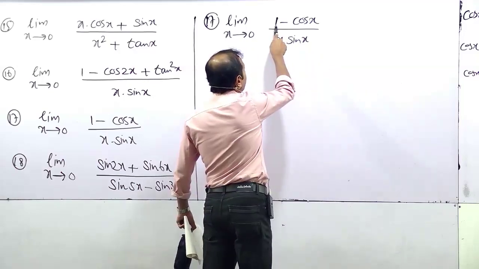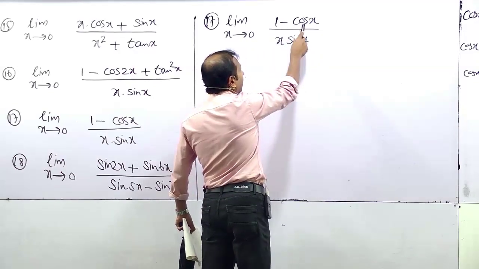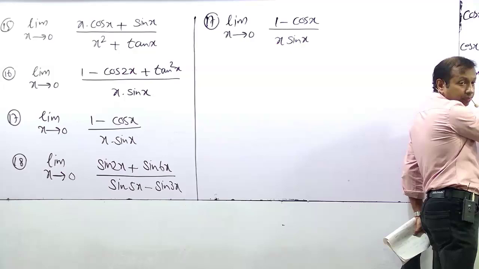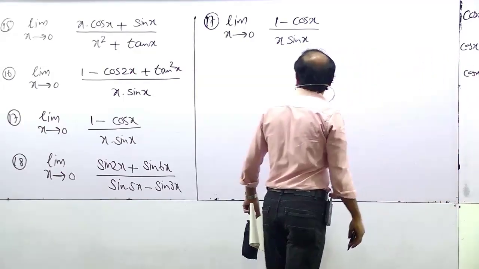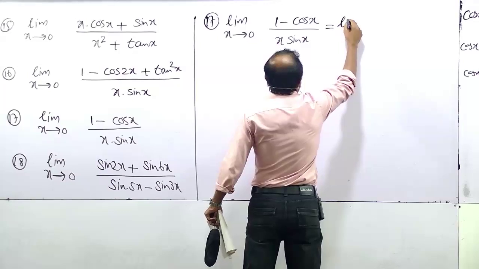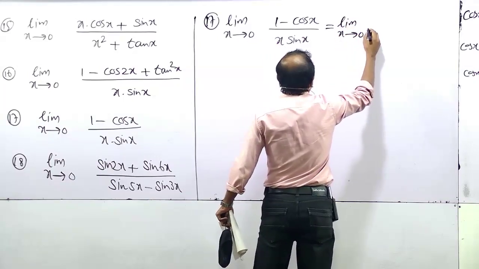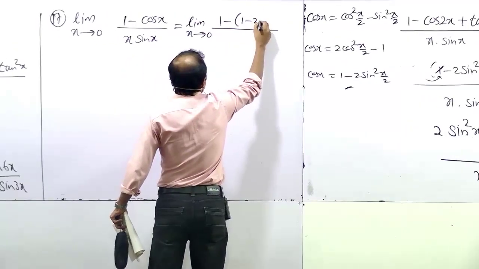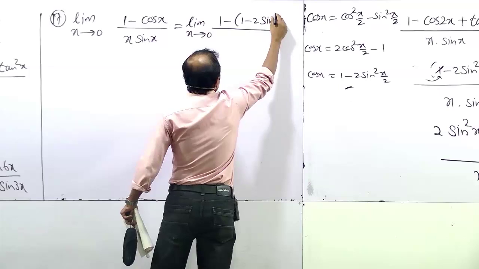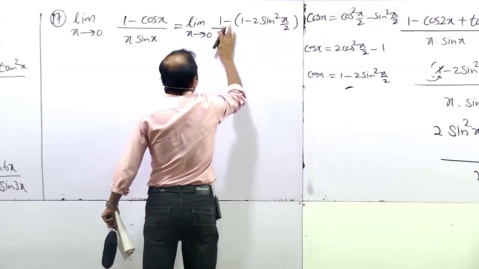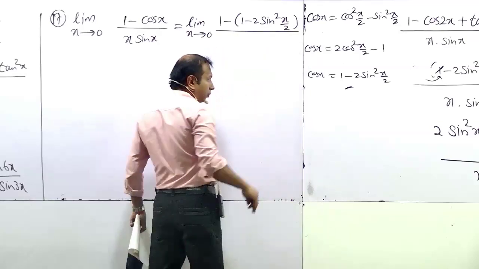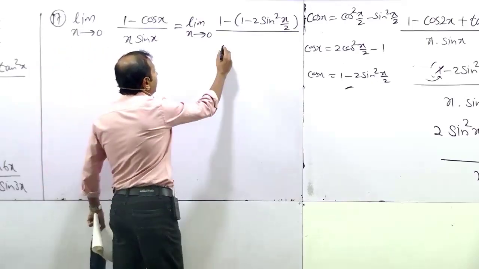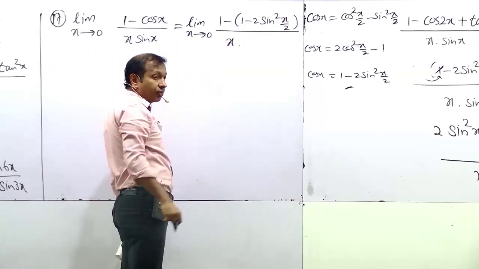Substitute 1 to cancel down this 1. Since here we have a minus sign, the formula for cos x we must substitute should contain plus 1. That is nothing but this, no? Yes, all right. Limit x going to 0, 1 minus (1 minus 2 sin squared x by 2) over x times sin x.